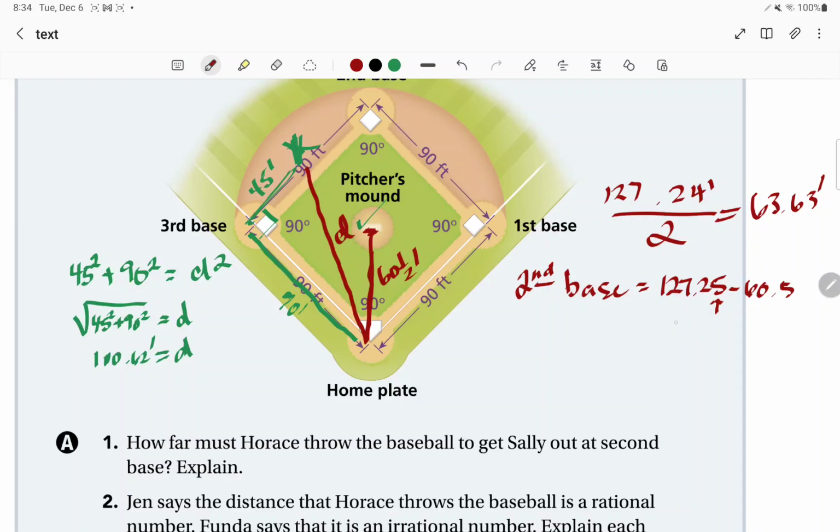We rounded to the quarter. And so when we subtract those, you end up with 66 3/4, so 66.75 feet. So that's the distance from the pitcher's mound to second base. Label that in your notes as the distance from the pitcher's mound to second base.